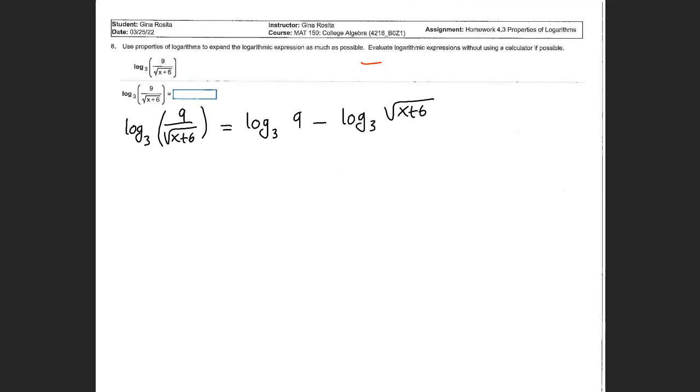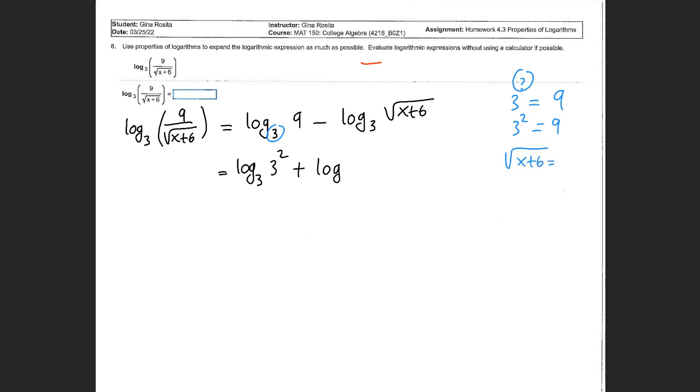Now the base is 3, so we need 9. What is the exponent? 3 squared equals 9. So we check 9 with 3 squared: logarithm of 3 squared with base 3, and then logarithm of the square root of x plus 6.